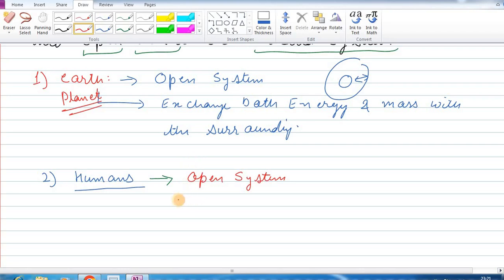So humans exchange both heat energy and mass with their surroundings.